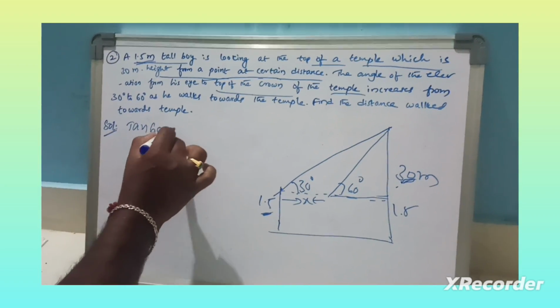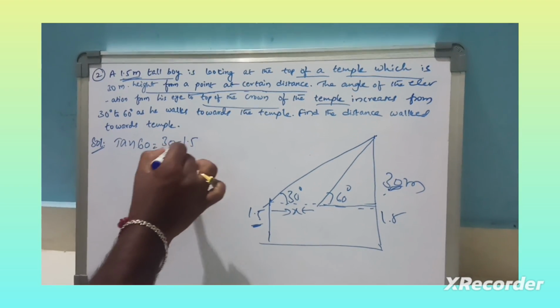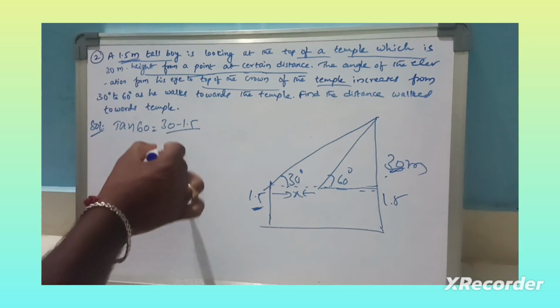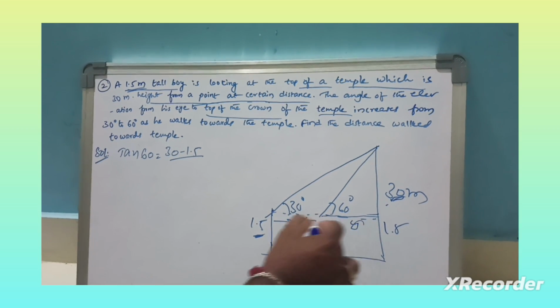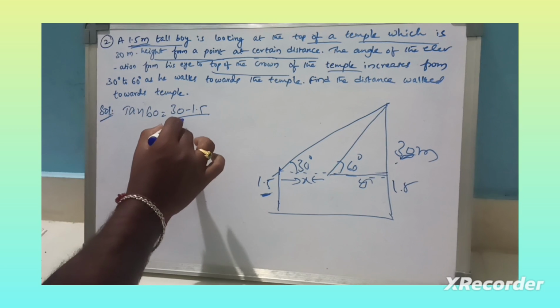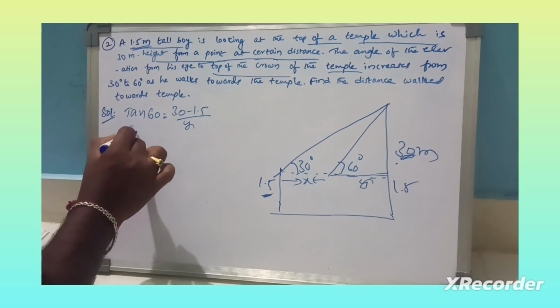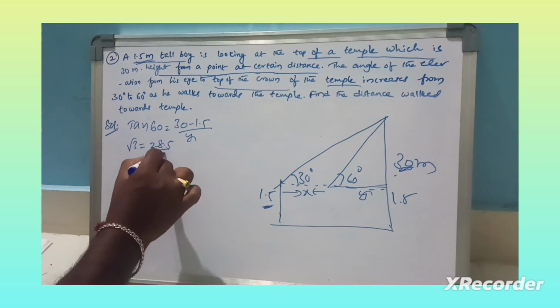Okay, tan 60 will be opposite side, which is 30 minus 1.5, by, okay, by this value, let's say y. Okay, this also we don't know, right? I'm just making it as a y. Okay, now tan 60 equal to root 3, 30 minus 1.5, which is 28.5, and by y.